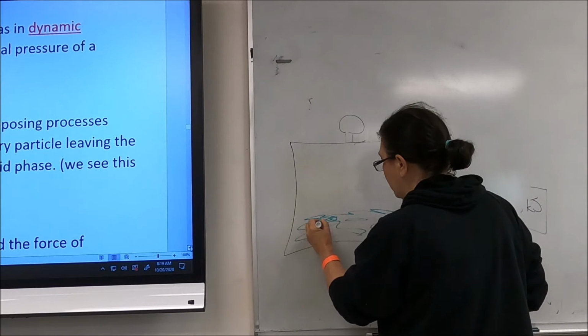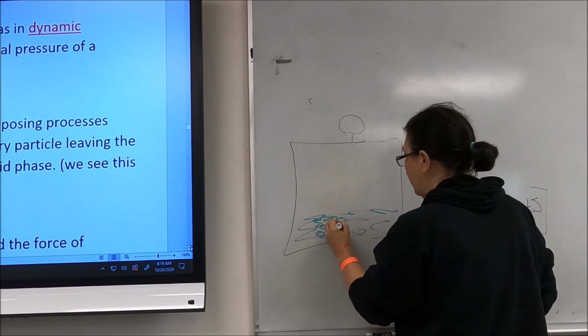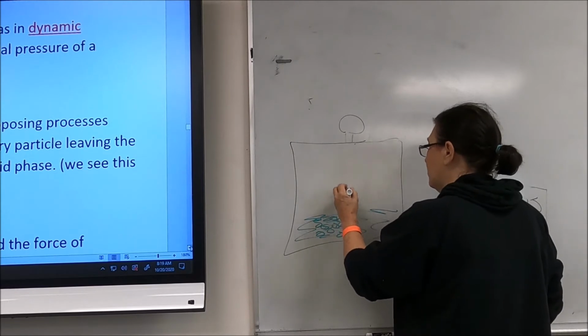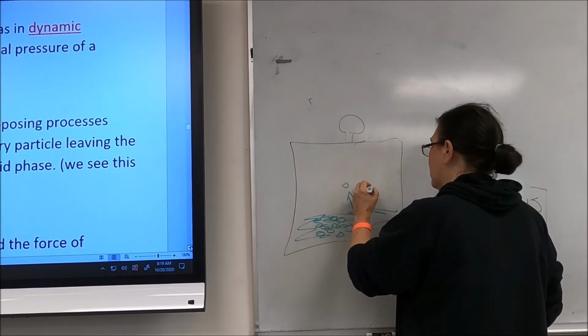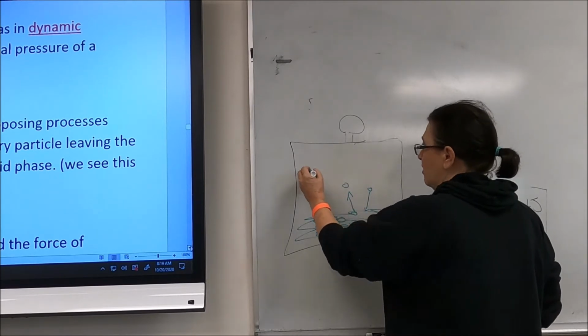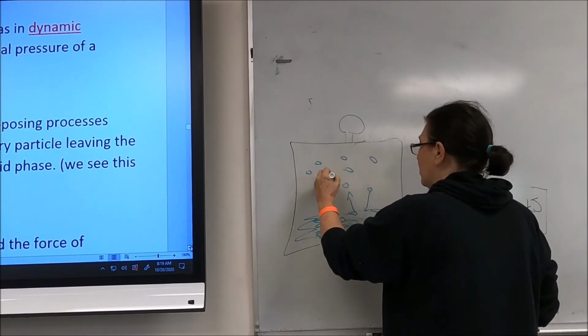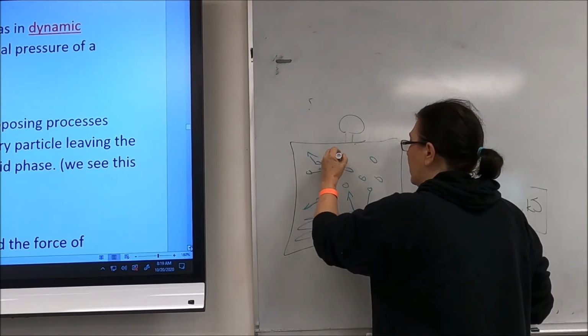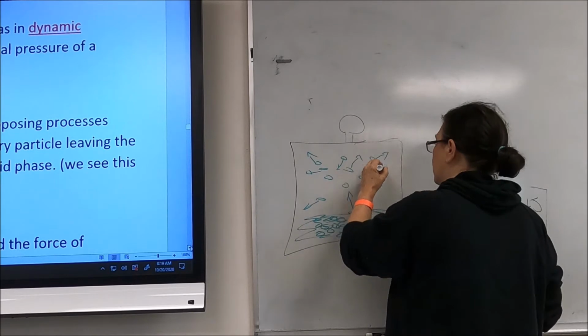Particles are very close together, but they're in a disorganized kind of process. And a particle jumps to the gas phase here. A particle joins the liquid phase. So I've got some particles up here in the gas phase, and they're moving in random motion.